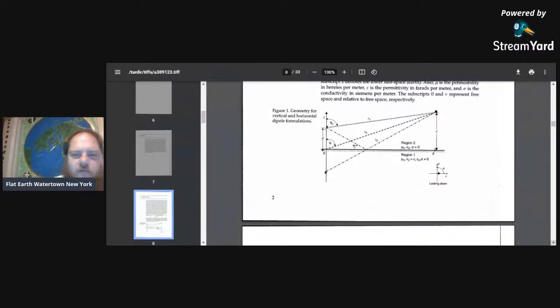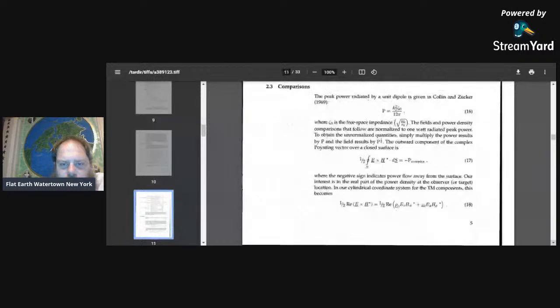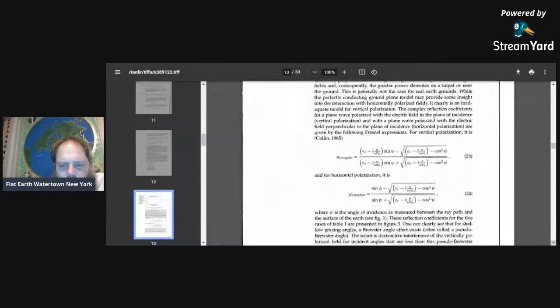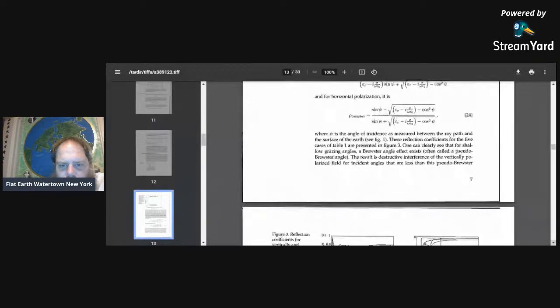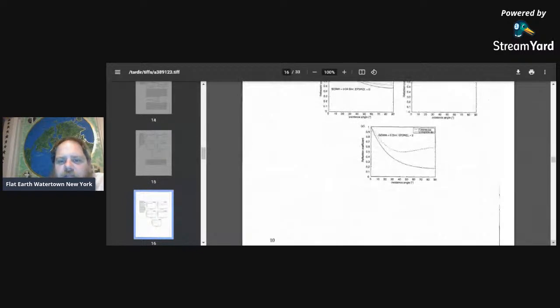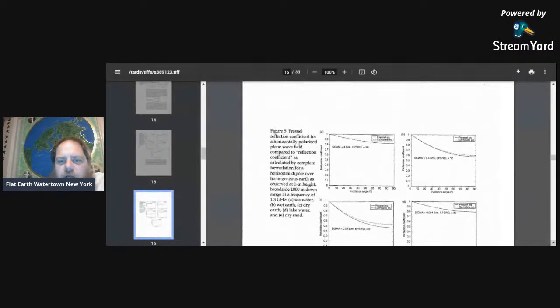That horizontal line represents the line of the Earth. Now, these curves, I'm skipping all this because this is about frequencies and the propagation of the electromagnetic field.